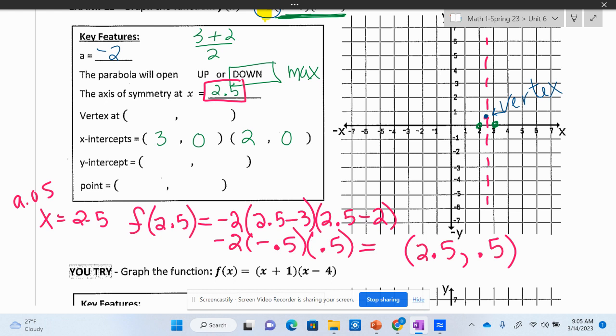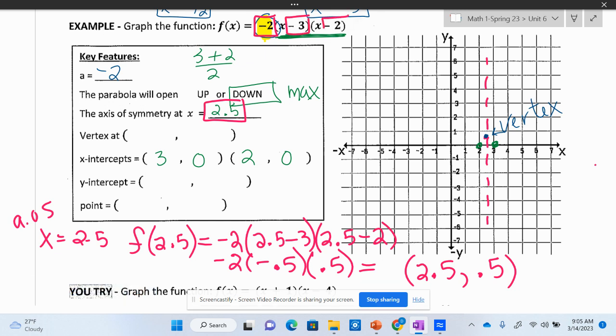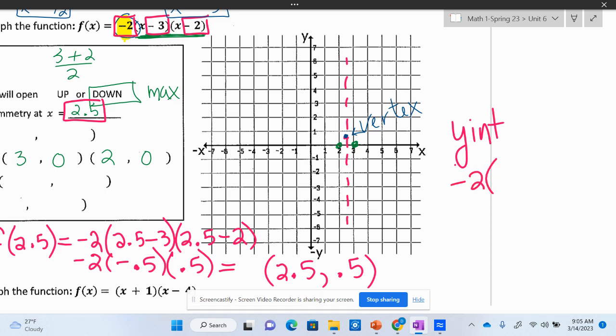So can we find the y-intercept? Think about when you factor or when you FOIL stuff out, you take all the constants and multiply them together. That's your y-intercept. So your y-intercept is -2 times -3 times -2.